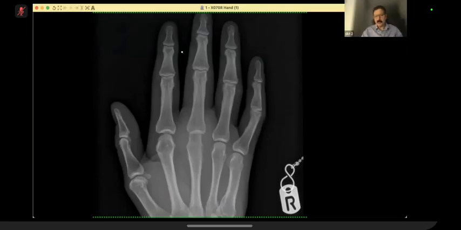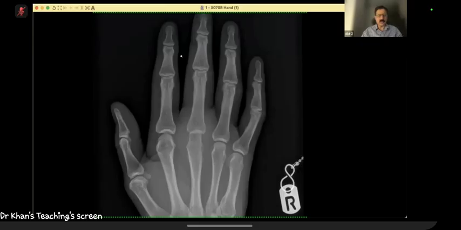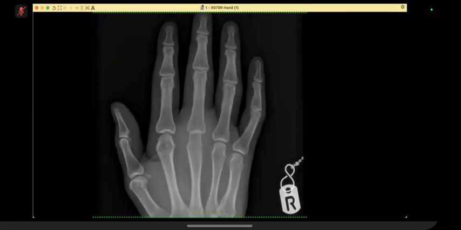I think on the other view, the joint is smooth, on the oblique view. What about the joint space? It's narrowed here. So do you think the joint space is normal or abnormal? Abnormal. Okay.